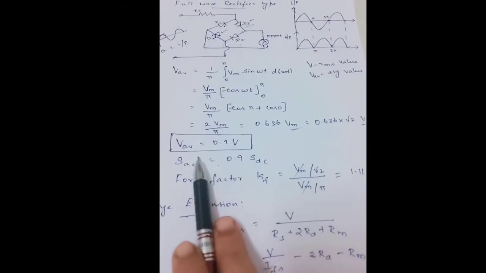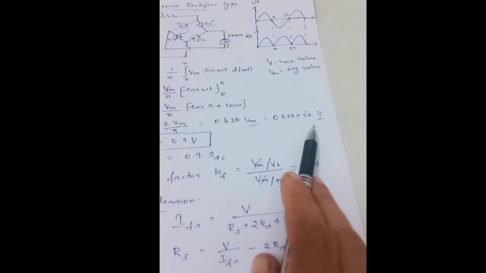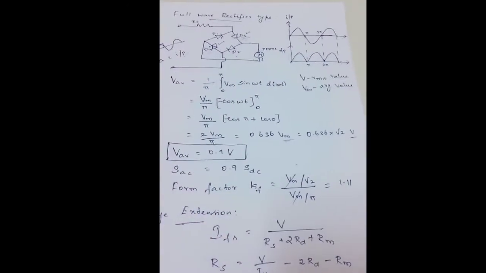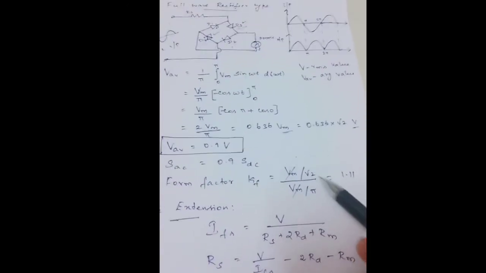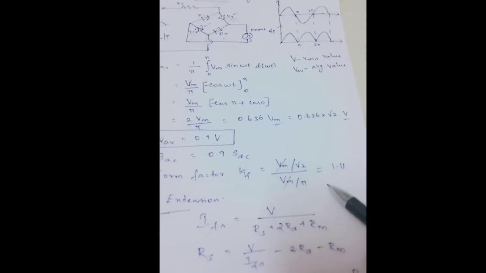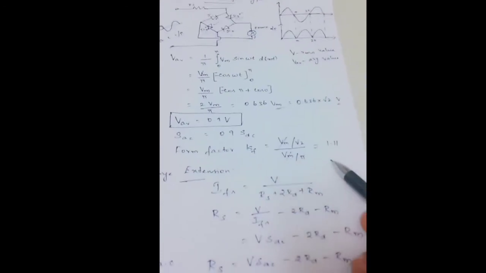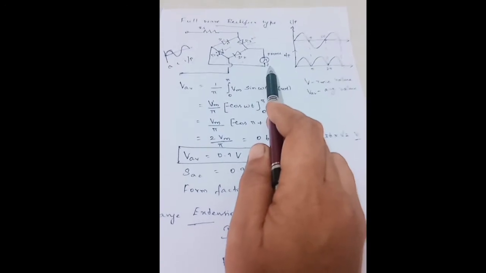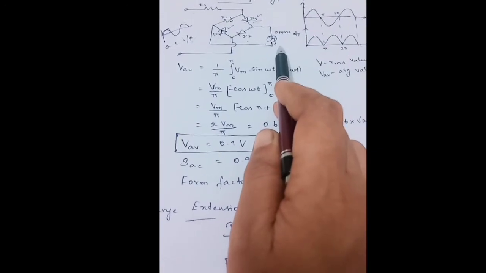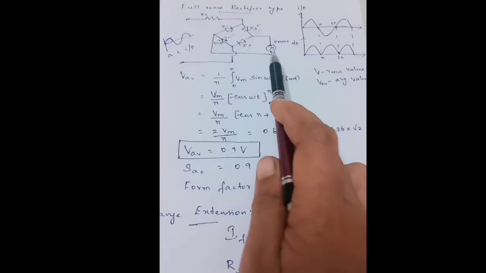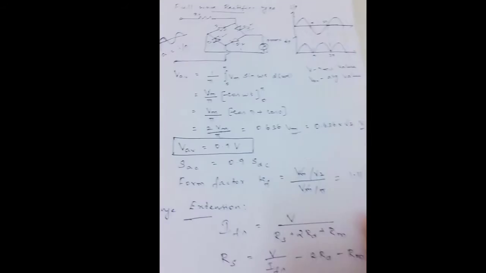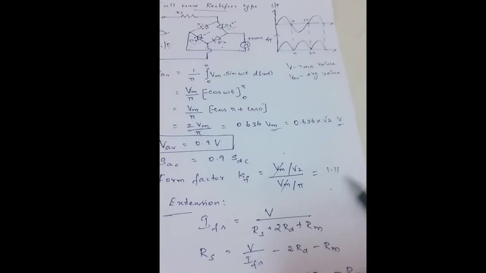Average is Vm by pi. So it will be 1.11. This is when we want to calibrate this PMMC instrument for measuring AC values of voltage. We need to multiply the values of PMMC by a constant 1.11.